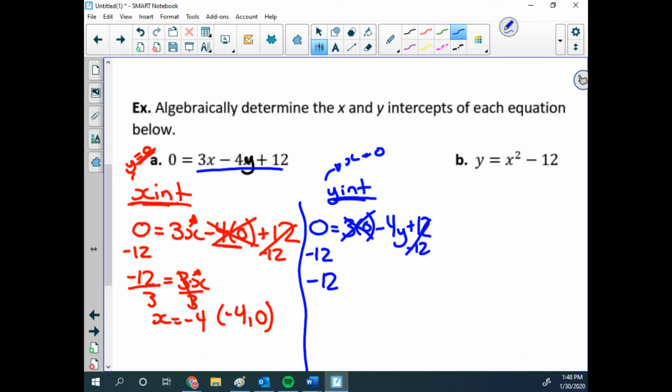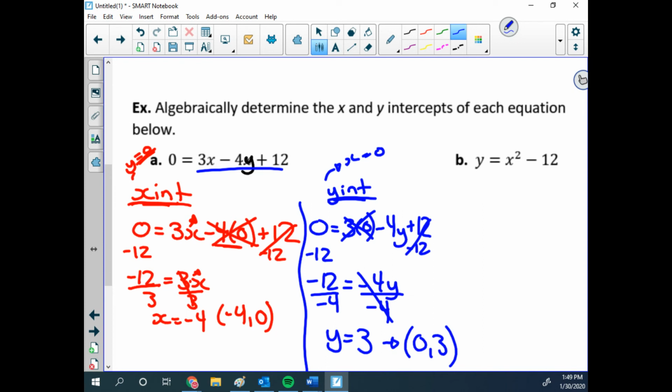So negative 12 equals negative 4y, and I need to get the y by itself, and those are being multiplied. So to get rid of multiplying by negative 4, I'll divide by negative 4 on either side. So I'll have a y-intercept at 3. That's the coordinate (0, 3). Technically, I could take that information and plot it on my graph and sketch a line. But really, they're just asking us, what is the x and y-intercept? And we've solved that.